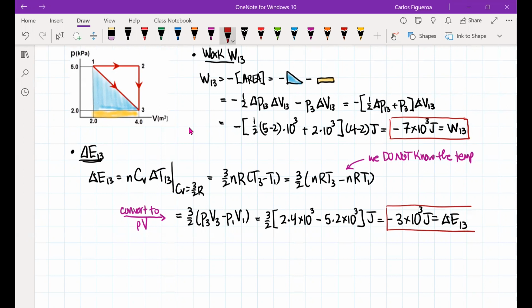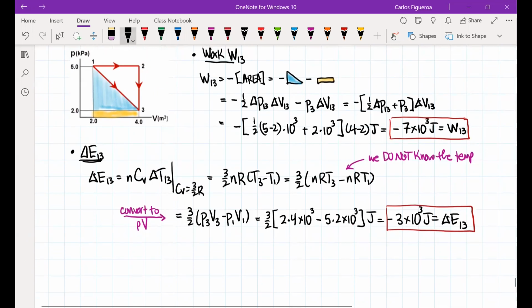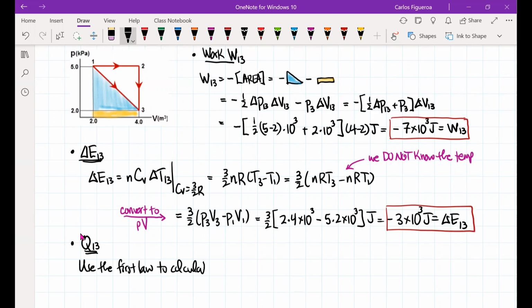So then from the first law, I can put this all together. The first law says this now. So the heat between 1 and 3, I'm going to use the first law to calculate Q13.